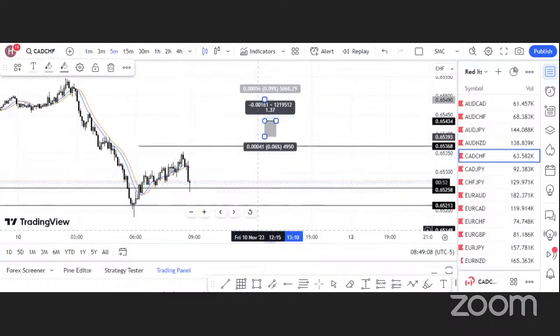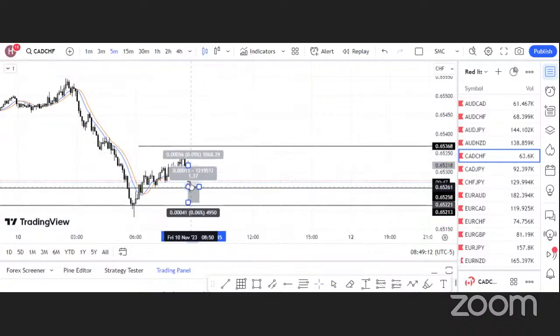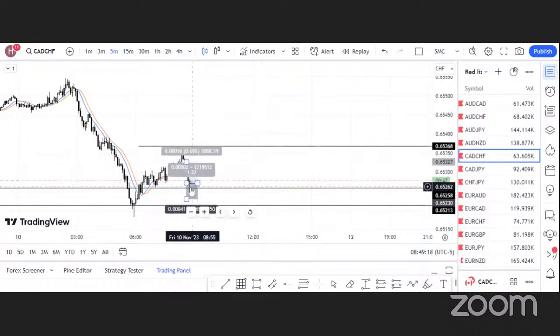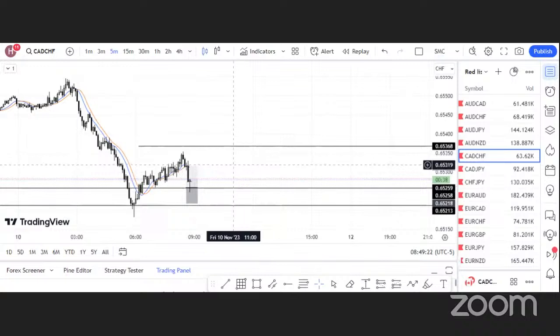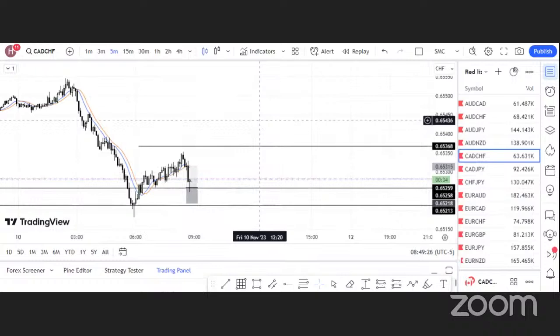Let's look for another one. Okay. Let's look for another one. I didn't know it was going to be this fast. Right. So let's look for another entry.